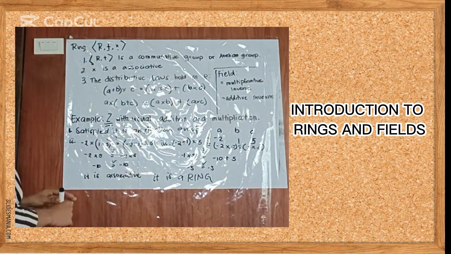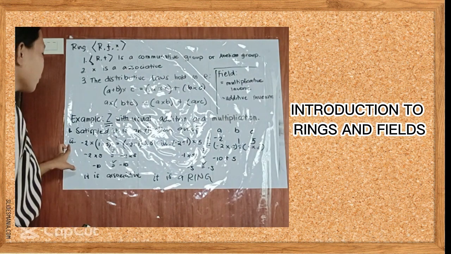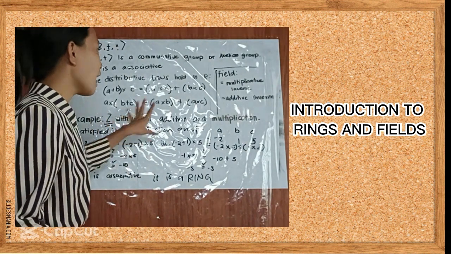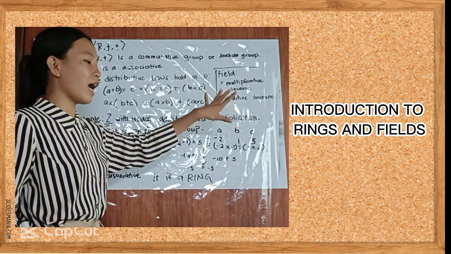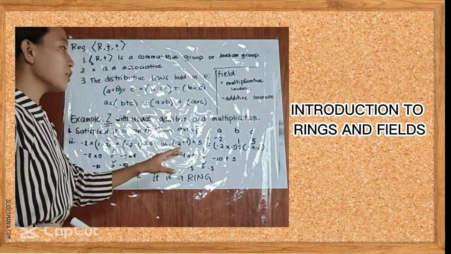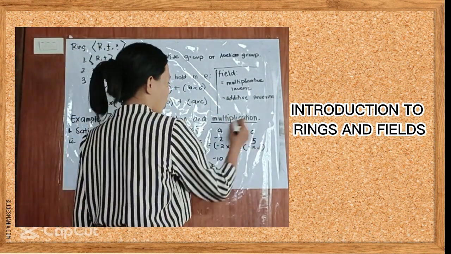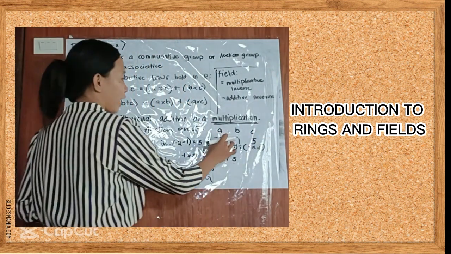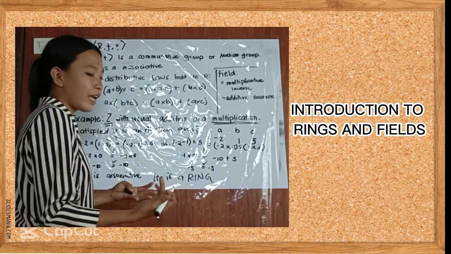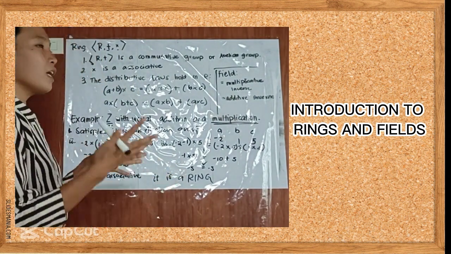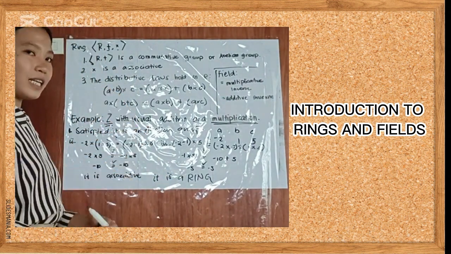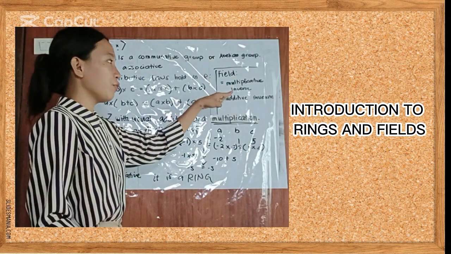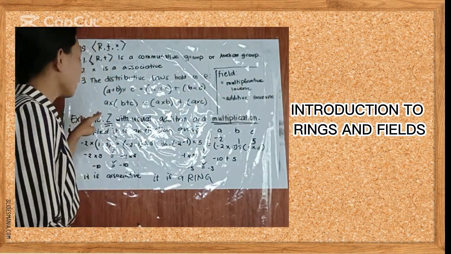So let's see if Z has a multiplicative inverse and additive inverse. Let's check if there exists an inverse for the integer.